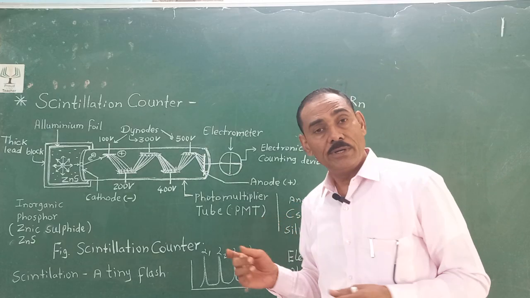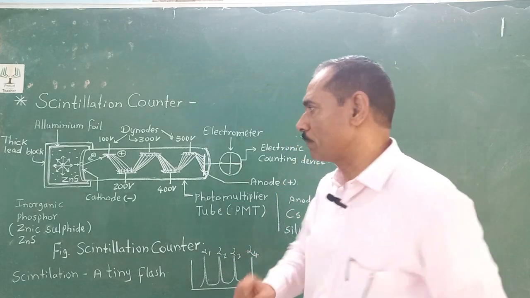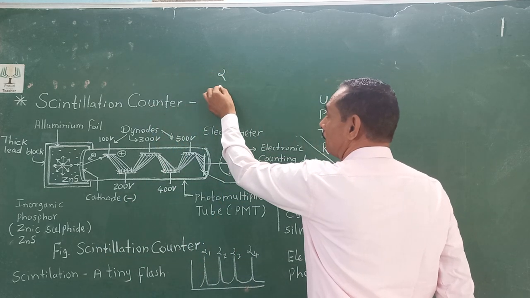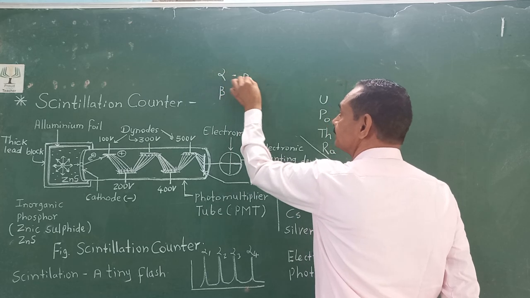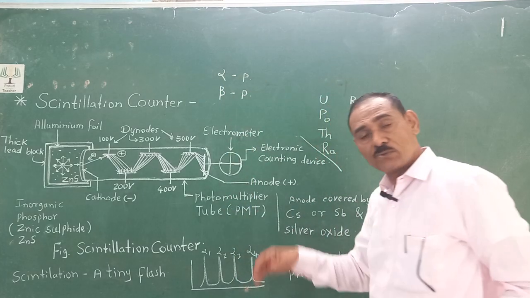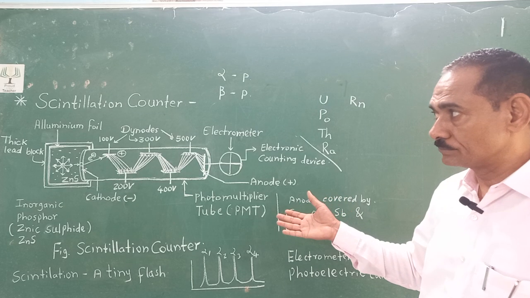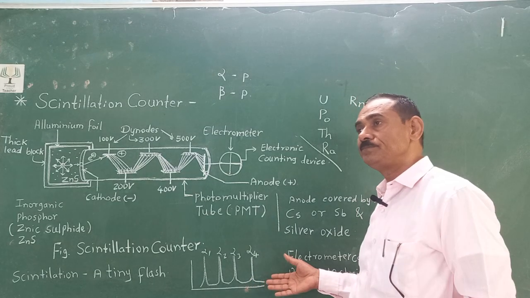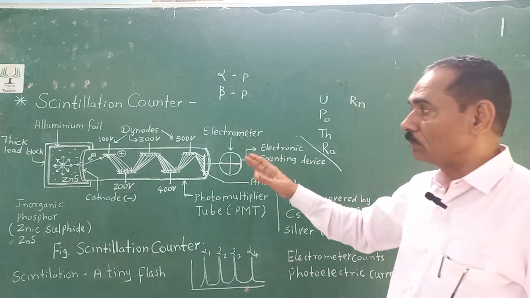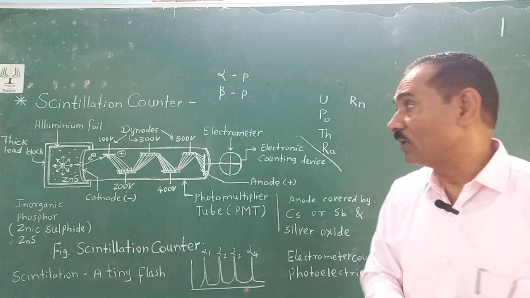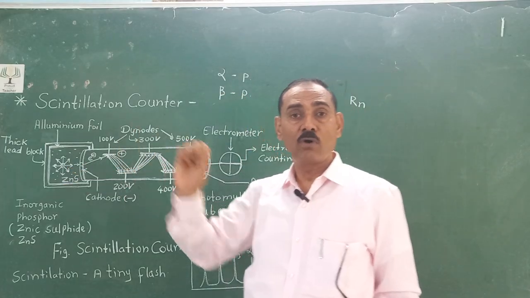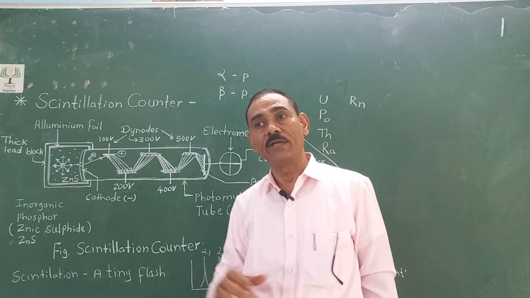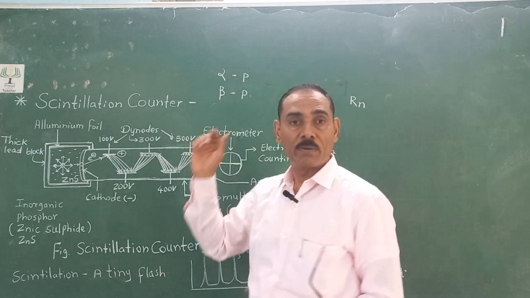Now, a radioactive sample source not only emits the alpha particle, it may also emit the beta particle, which may also get counted by the counter, the scintillation counter. In the same way, we may see the spectrum, and with the help of that spectrum, we may identify which type of particles are emitting from the radioactive sample source, either alpha particle or beta particle.